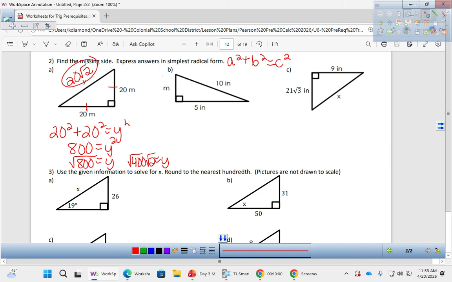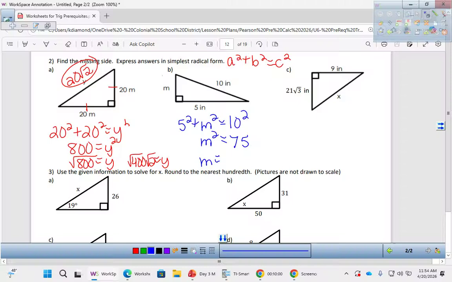I am going to use Pythagorean theorem because I have 2 out of the 3 legs of the triangle. Because I have the hypotenuse though, I'm gonna do 5 squared plus m squared equals the hypotenuse squared. Alright, so 100 minus 25 is gonna be my m squared. I'm just skipping some steps because of space. So I end up with 75.